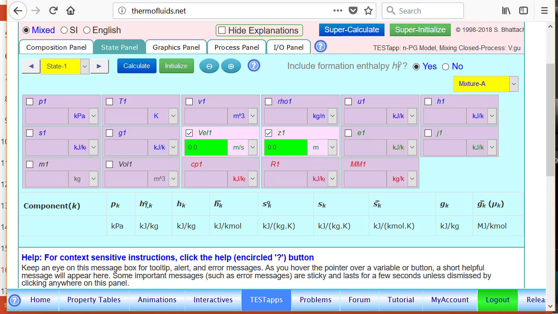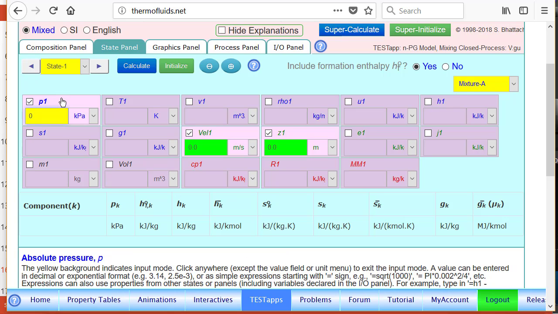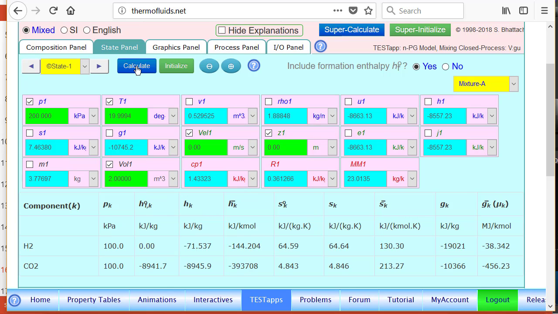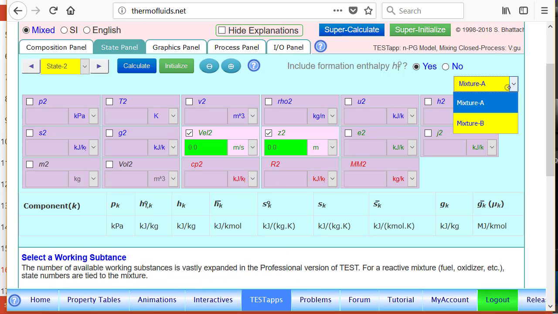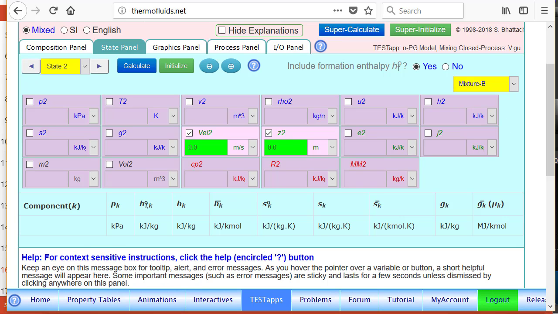State 1 is mixture A, CO2 plus H2, and the information supplied is 200 kPa and 20 degrees C. Also, the volume is supplied to be 2 cubic meters. So there we go, the mass of state 1, or mixture A, has been calculated. For state 2, make sure you select mixture B here, otherwise the problem will be totally incorrect.